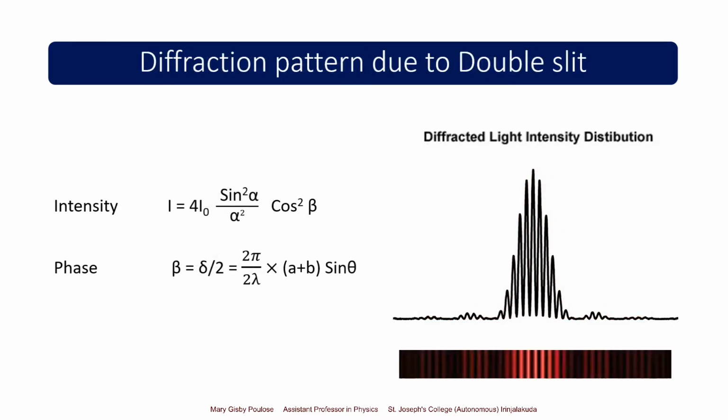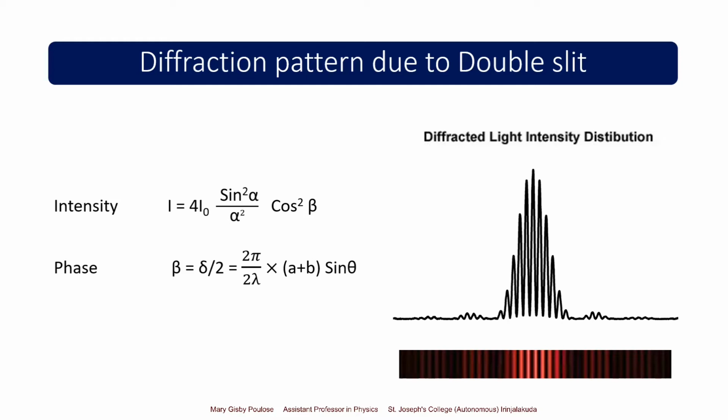Now, in the diffraction pattern due to a double slit, the intensity of the pattern was observed to be I = 4 I naught sin²α/α² cos²β, where α represents the phase between the diffracting beams through a single slit and β represents the phase between the interfering beams from the two slits.